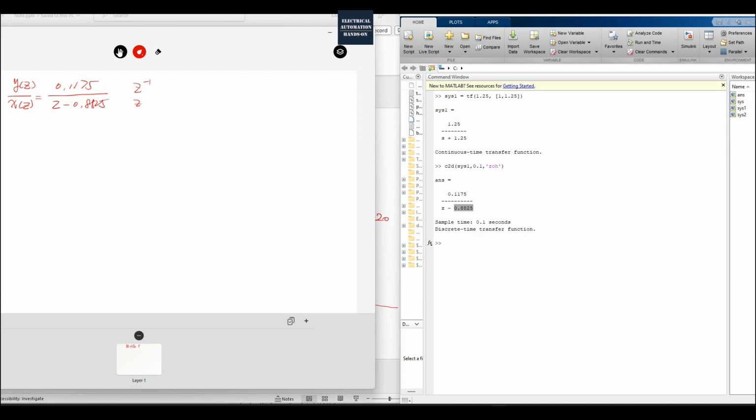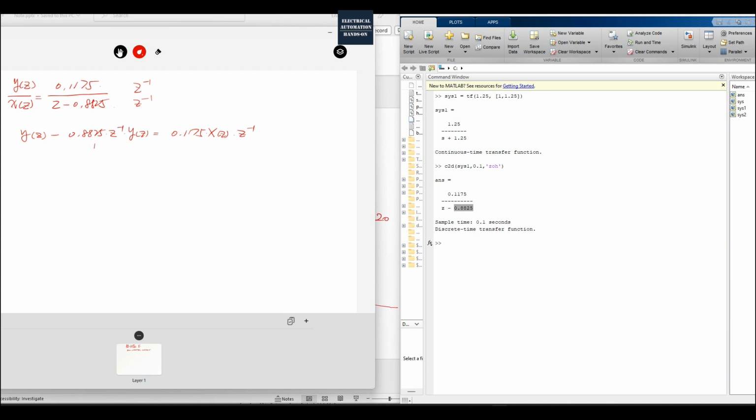If we multiply the denominator and the numerator by z minus 1, then this equation will become z minus 0.8825 times z minus 1 yz equal to 0.1175 xz times z minus 1.